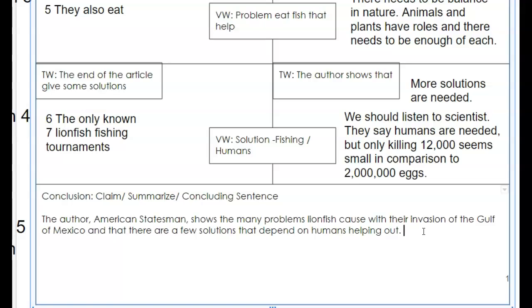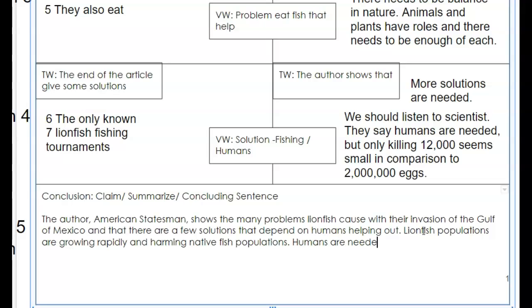So I can say that lionfish populations are growing rapidly and harming native fish populations.